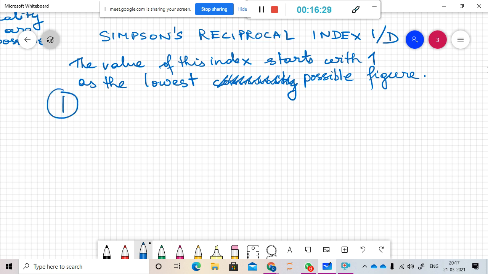So 1 represents a community containing only one species.